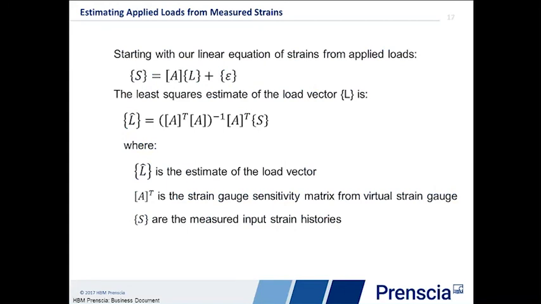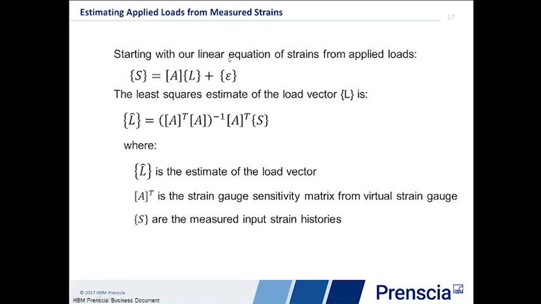So we have the sensitivity matrix, and again, we saw earlier on how we could put together a relationship between loads and strains. What I have now is a little more accurate description of that. So I have my loads coming into my structure. I have the sensitivity matrix I can get out of the virtual strain gauge off of my FE model, and I have the measured strains.